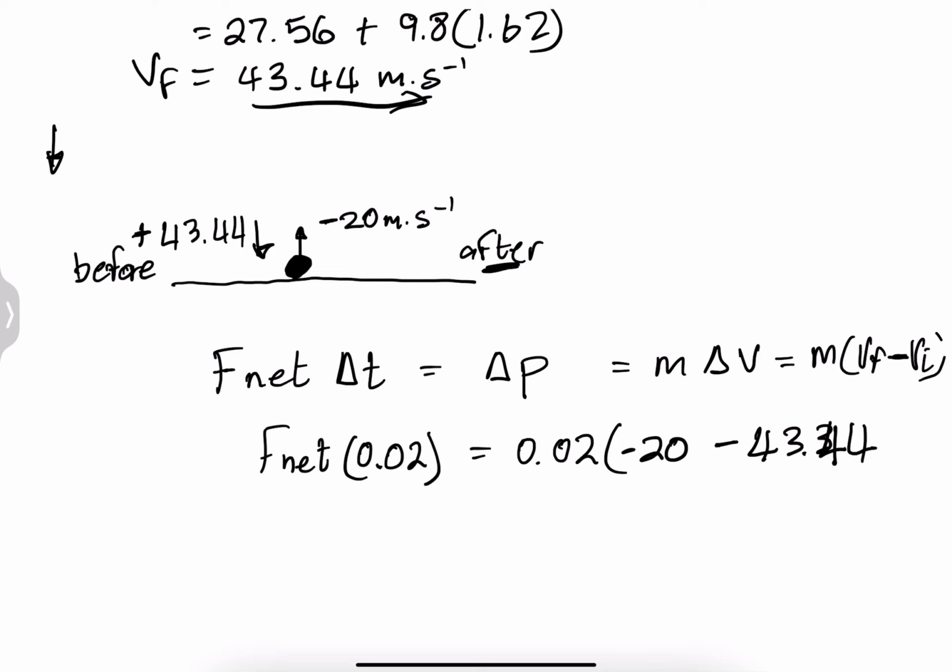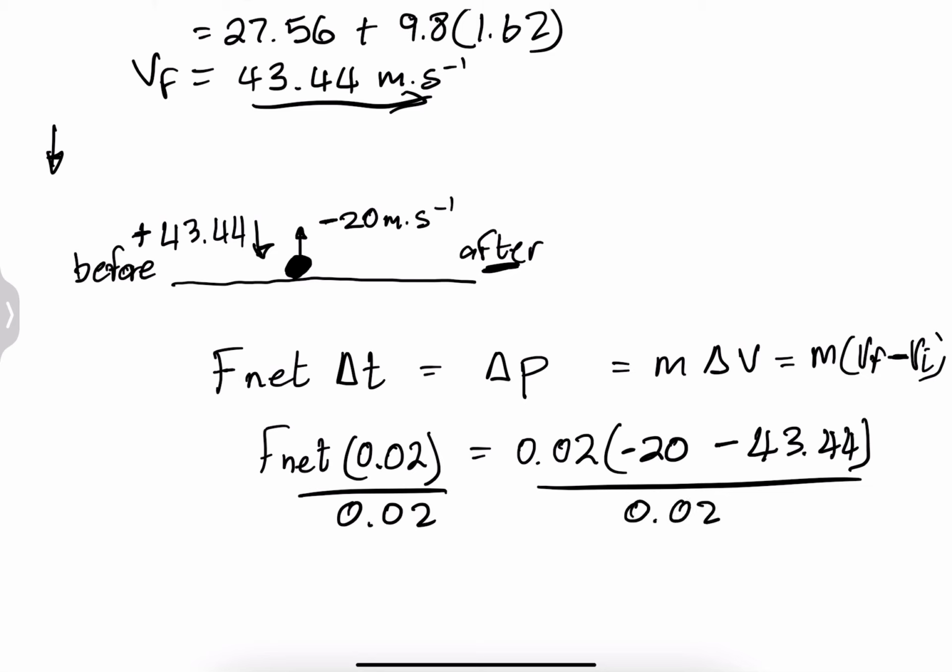Of course, we're going to divide both sides by 0.02. What we do on the left, we do on the right, and we can see that cancels.